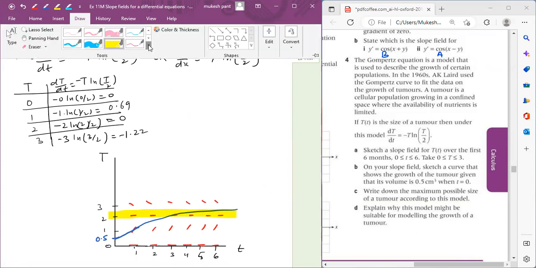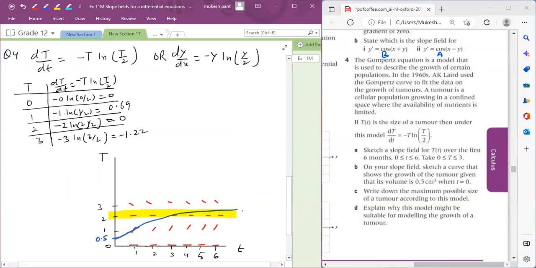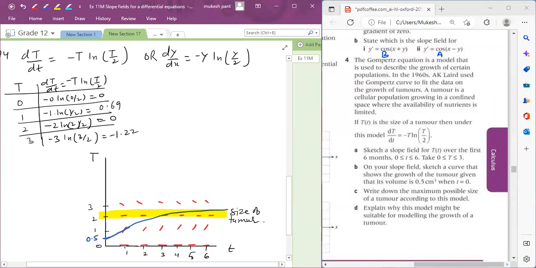This will show the size of tumor, which is approximately 2 centimeter cube. Obviously, this will be the approximate value. And explain why this model might be suitable for modeling the growth of the tumor.